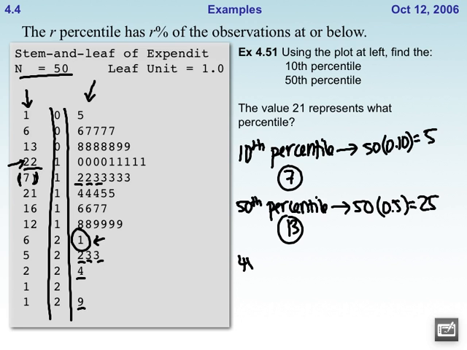So I'm going to take 45, divide by my 50 observations, and tell you that 21 is the 90th percentile. Questions? Can we keep going? Yeah?